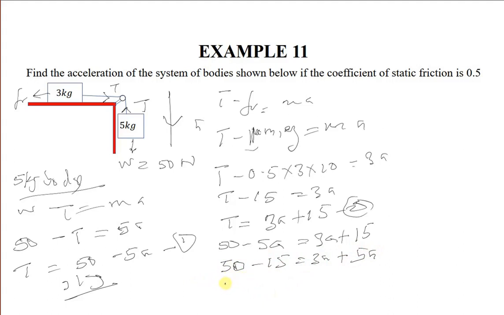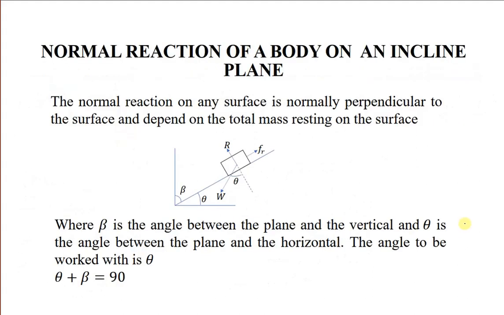So that will give me 35 is equals to 8a. So in that case, a will be 35 over 8 meter per second square. So that is the acceleration of that system.